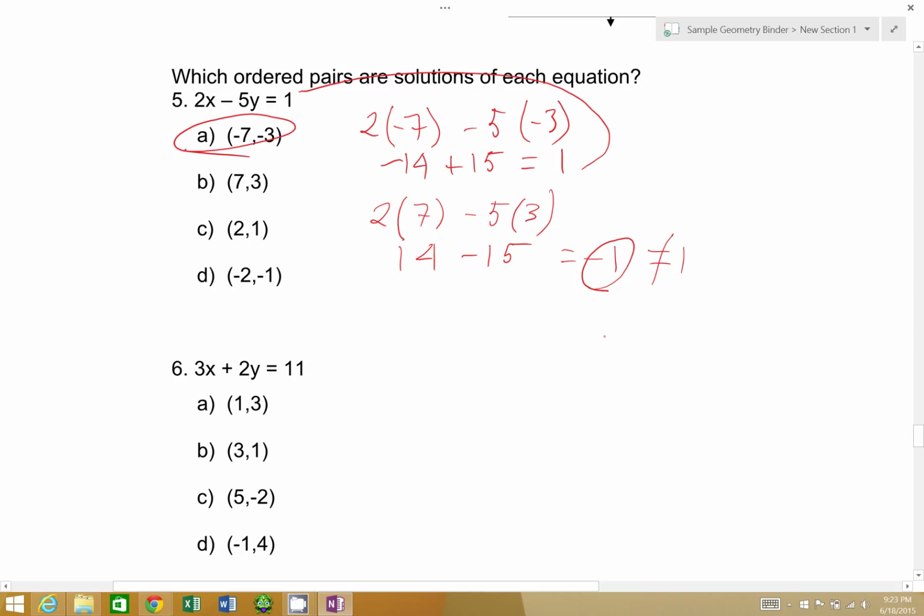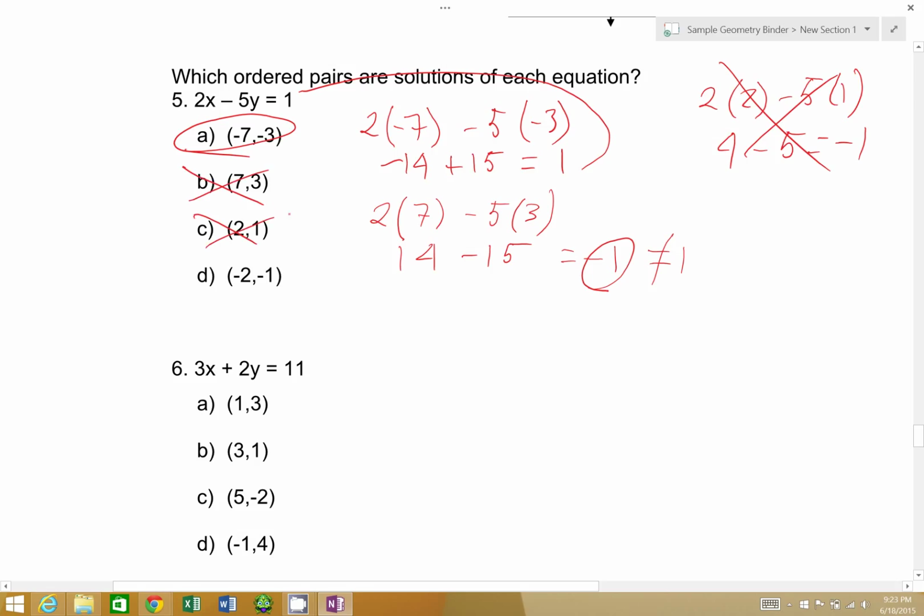All right, let's see if any of the rest of these happen to work out. You never know what these tricky little math teachers will do. All right, 2 times 2 minus 5 times 1. You have 4 minus 5. Well, that equals negative 1. That's a no-no.